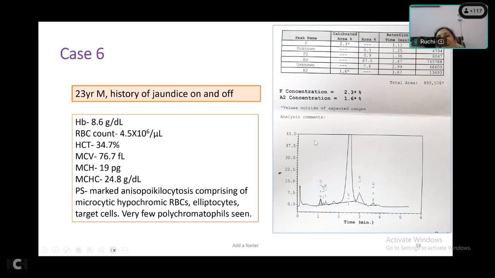Diljot, can you tell me what is abnormal in this HPLC graph? A2 concentration is very less. It's 1.6. Right. And then what else? Total hemoglobin is 23, which is more for a 23-year-old male.